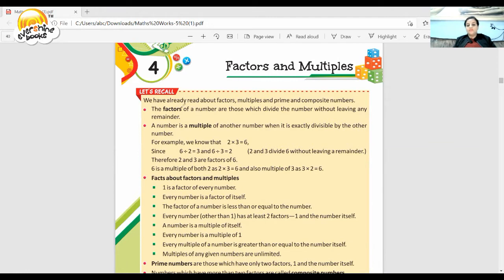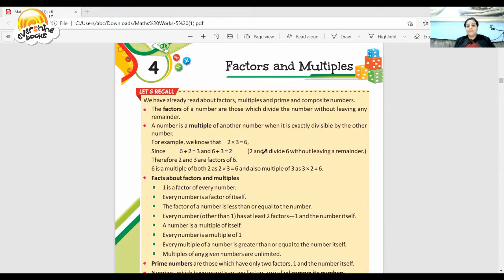The factors of a number are those which divide the number without leaving any remainder. A number is a multiple of another number when it is exactly divisible by the other number. For example, 2 into 3 is 6, since 6 divided by 2 is 3 and 6 divided by 3 is 2.